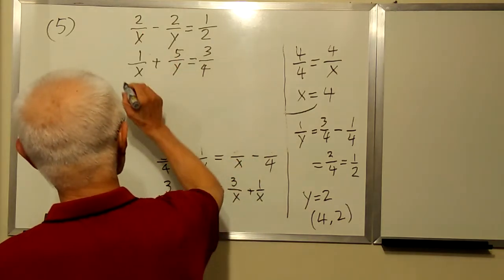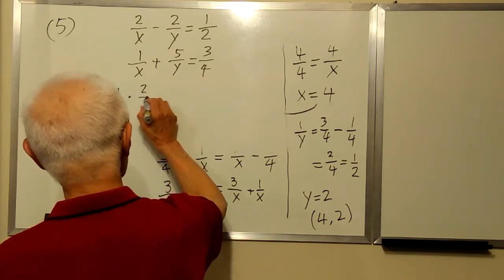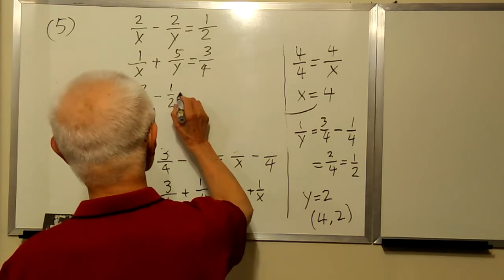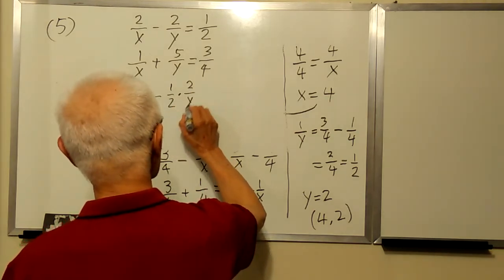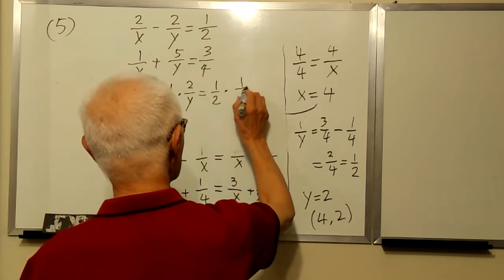So I multiply the first equation by 1 over 2. 1 over 2 times 2 over x minus 1 over 2 times 2 over y equals 1 over 2 times 1 over 2.